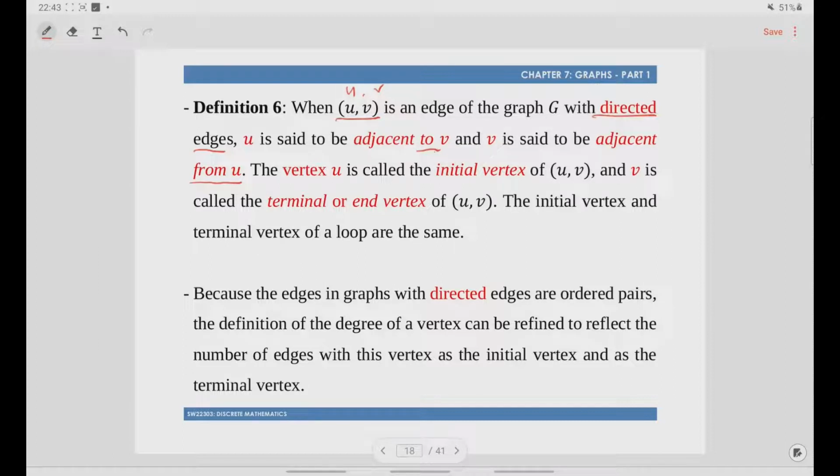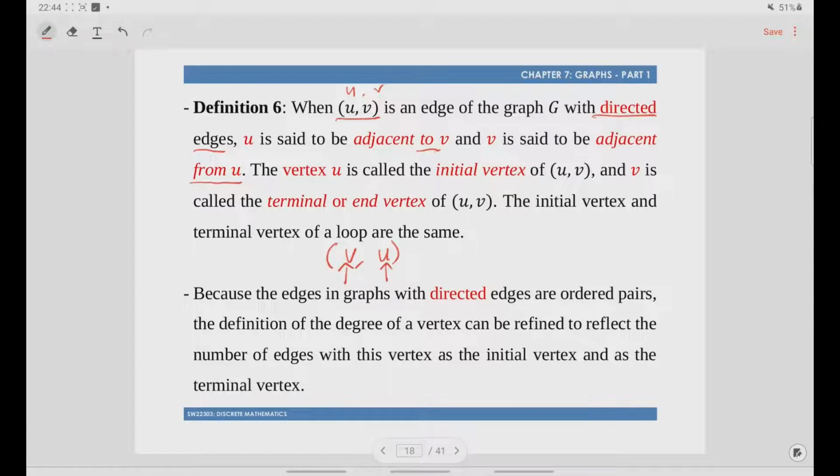Alright, so let's say in a particular graph we are given VU instead of UV. Because this is an ordered pair, if we are given VU, we know that the initial vertex is V and the terminal vertex is U. So that's how we say the order matters, because it determines which one comes first before the other one.